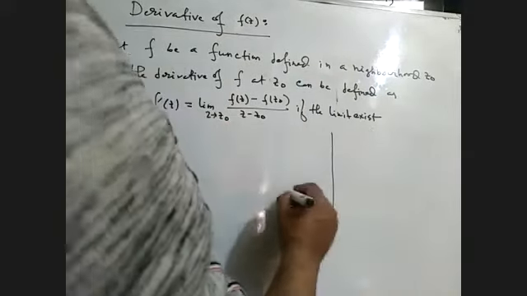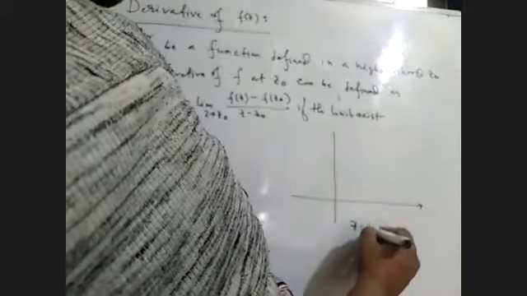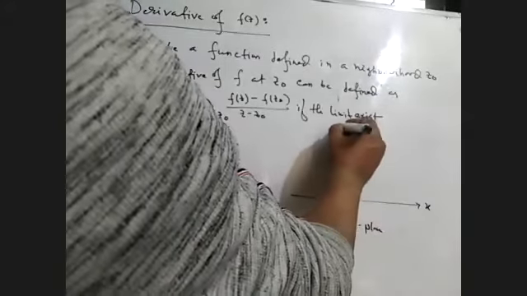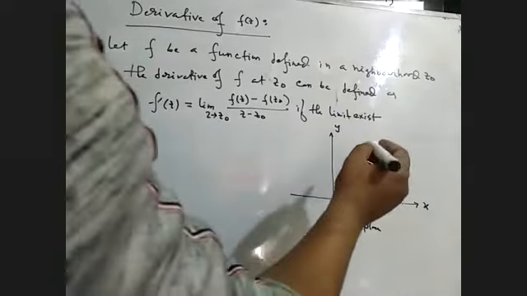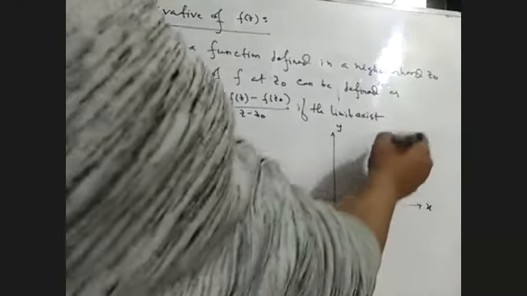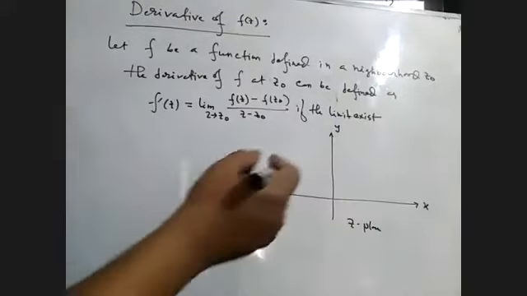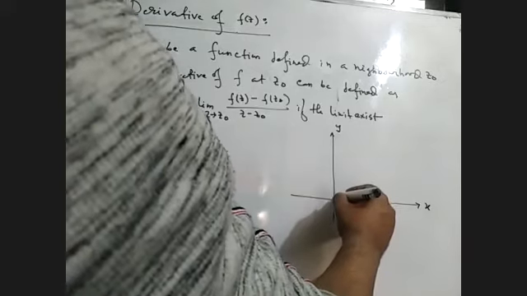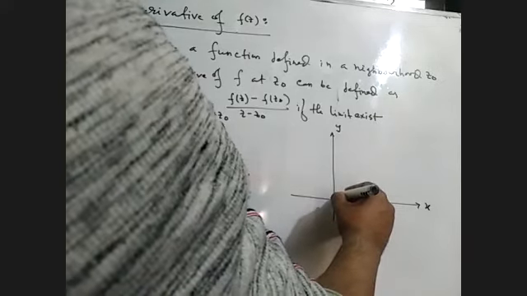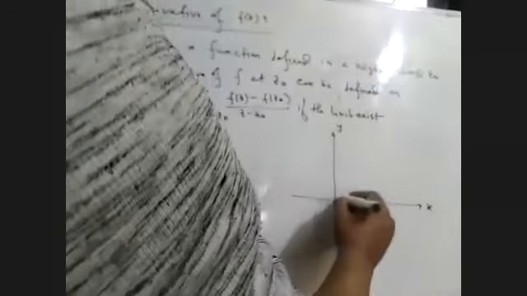Suppose this is the function on the complex plane, z plane. This is the x, the real axis, and this is the imaginary axis. So suppose this is the z plane, and any curve we can draw like this.